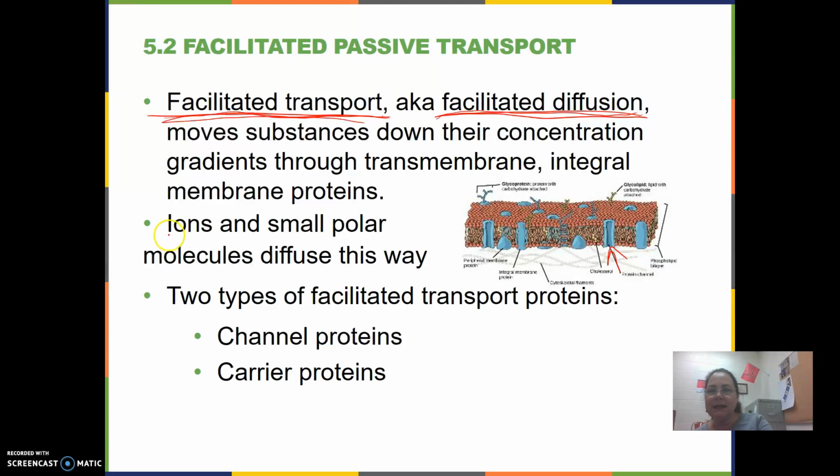So if the substance is charged, if it's an ion, that means it has a charge, positive or negative. And if it's small and polar, because water is polar, so any polar molecules are going to use facilitated transport for diffusion. They're going to use either a channel protein or a carrier protein.